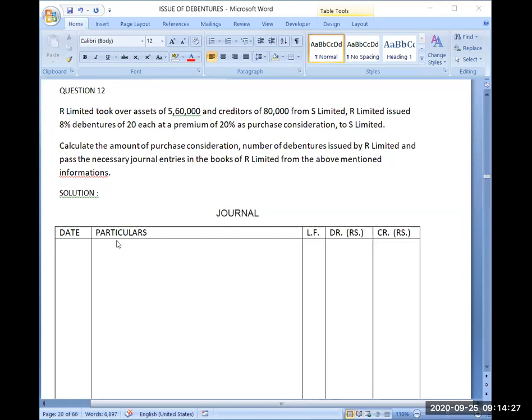So first journal entry will be for recording of the purchase of assets and liabilities. So we are purchasing assets, sundry assets account, debit, and we have purchased assets worth rupees 5,60,000.